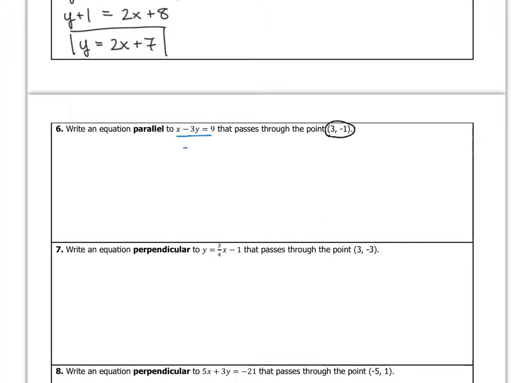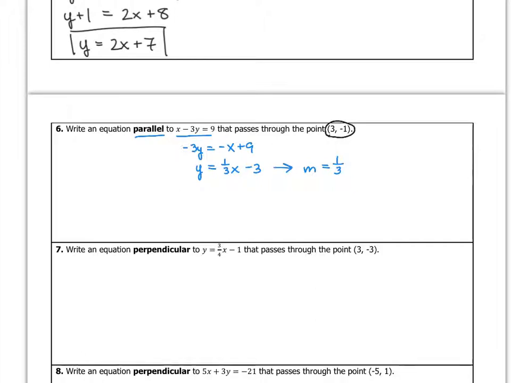So that would be -3y equals -x plus 9, and then dividing by -3, I get y equals 1/3 x minus 3. So the slope of this line is 1/3, and because this is a parallel problem, we'll use that same slope for our line.